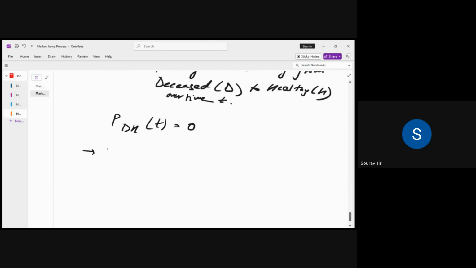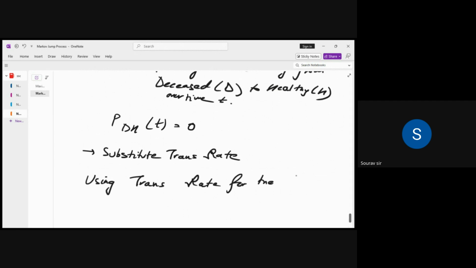Okay. Now we substitute the transition rates for the HST model.